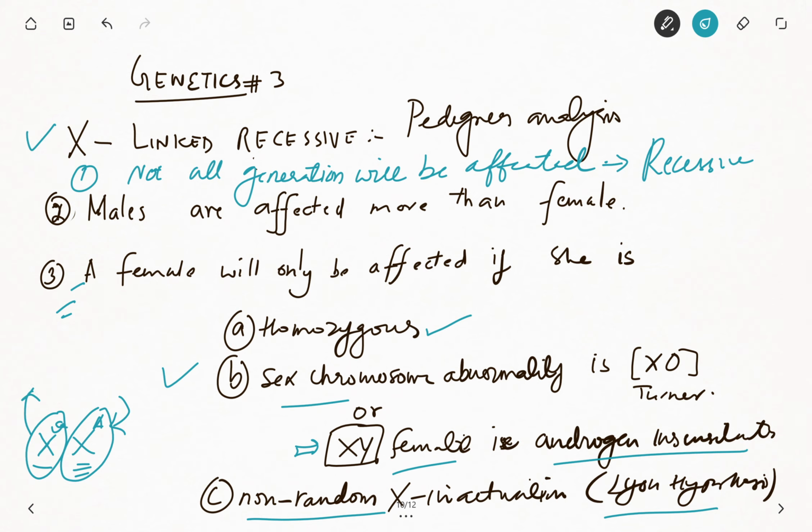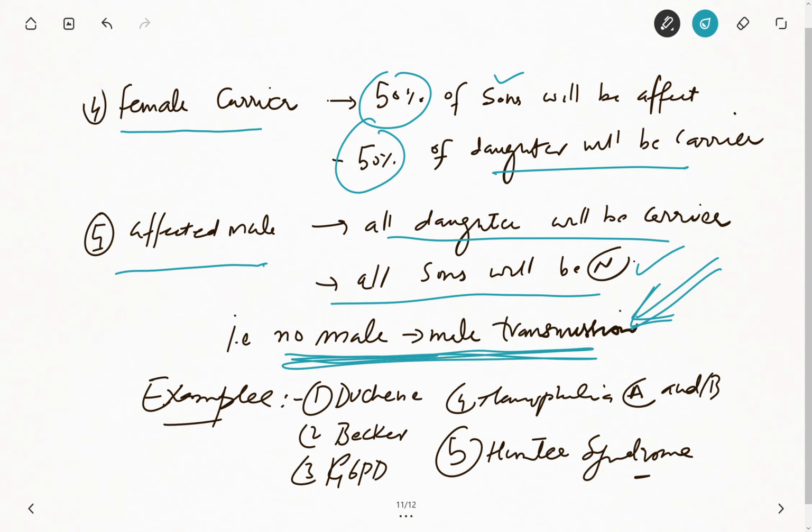But for an affected male, all daughters will be carriers and all sons will be normal. What does it mean? It means that there is no male to male transmission. This is what you have to look for to be sure that it is an X-linked condition. If you see male to male transmission, this is not X-linked.